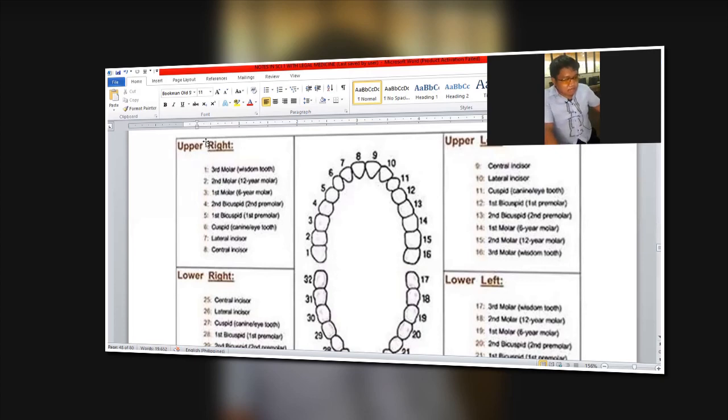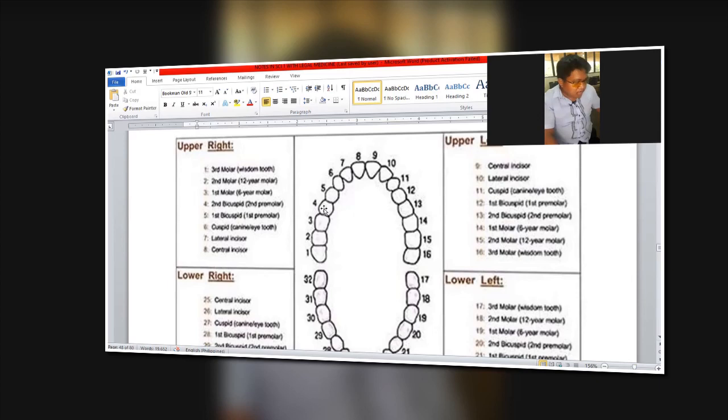Ang counting is start with the upper right, third molar. Ito, nakikita niyo yung arrow, that is the wisdom tooth. Number 2 is second molar. Then, upper right, number 3, first molar. Fourth one, it is the second bicuspid or the second premolar.